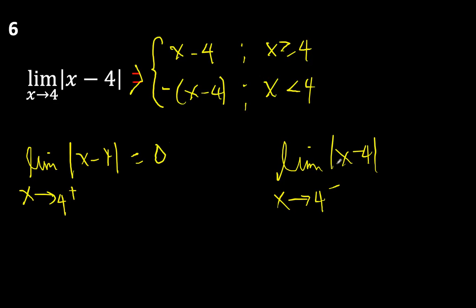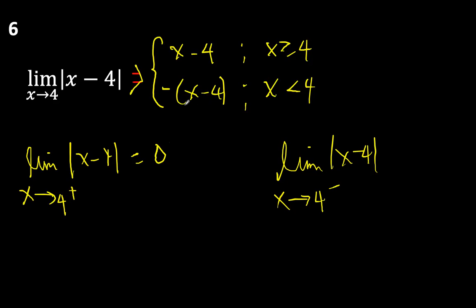And how about this? Find the limit of the absolute value of x minus 4 as x approaches 4 from the left. What do we get when the value of x approaches 4? What kind of trend do we get when we sketch the graph?